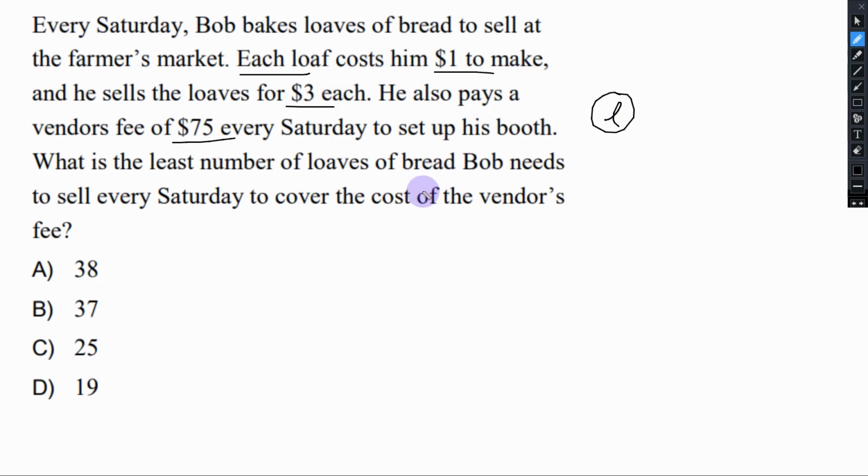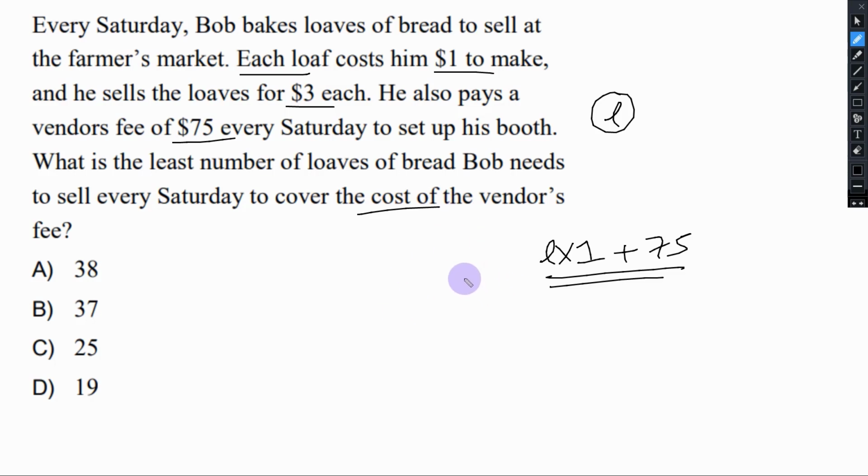So the cost to make each is $1. So for L loaves it will be L times 1, and then the fee is 75. So he will spend this total amount of money. He needs to make how many loaves of bread to at least cover the cost of the vendor fee.